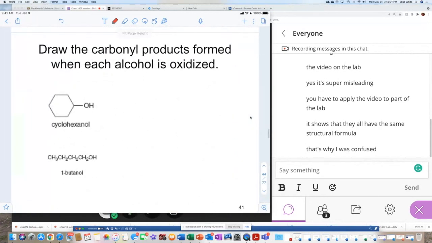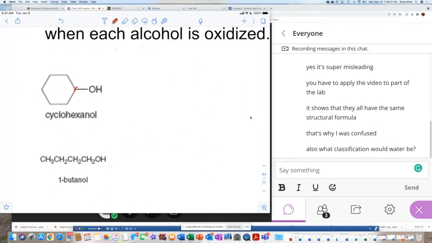Okay. So here we're told to draw the carbonyl products formed when each alcohol is oxidized. So let me check. My alcoholic carbon is attached to two other carbons. Let me redraw this in a way that makes sense to me and my goals. I know that ultimately this carbon has to double bond with this oxygen.